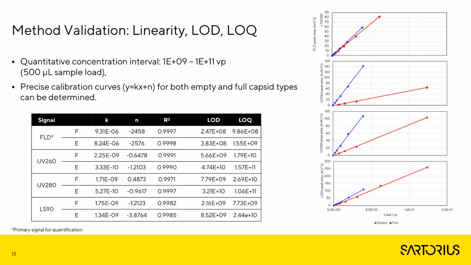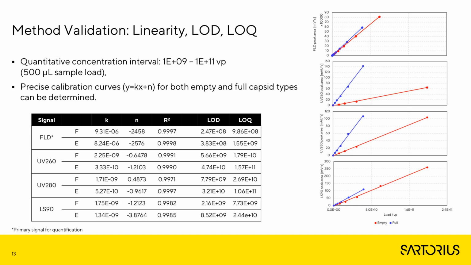The slope for full and empty capsid is almost the same for fluorescence, and as I mentioned before, the response on the fluorescence detector correlates directly to the actual ratio of empty and full capsids in the sample. For the UV 260 and 280 and for the light scattering detector, correction factors are needed for the full capsids.